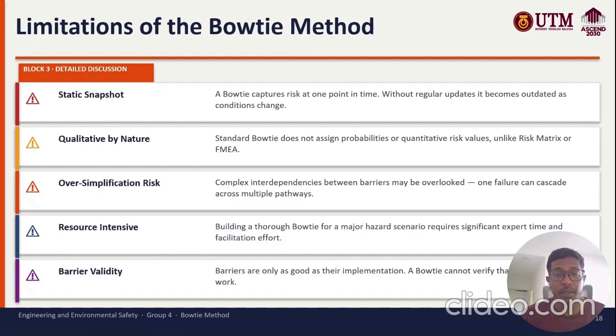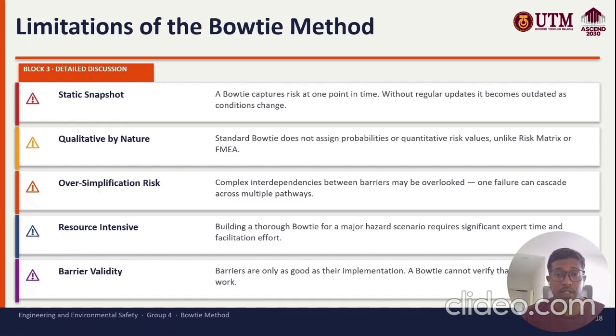Third is oversimplification. A bow tie can make a complex system look more straightforward than it really is. In reality, the barriers interact with each other. One barrier failing can weaken another. These cascading interdependencies can be missed if the diagram is kept too simple.